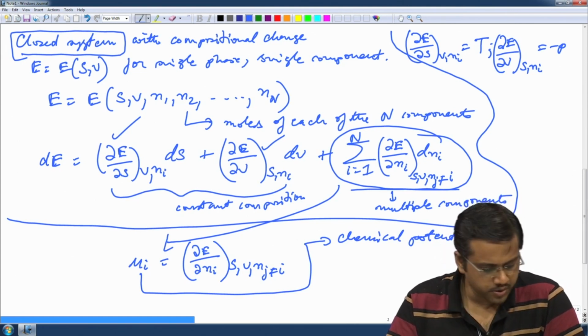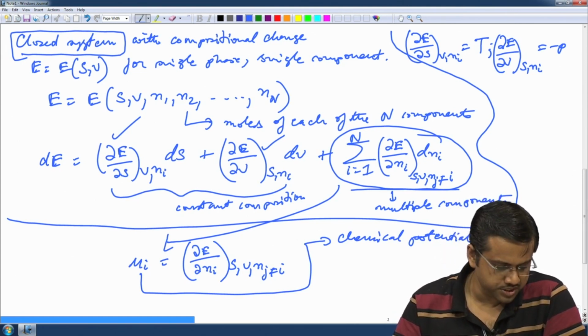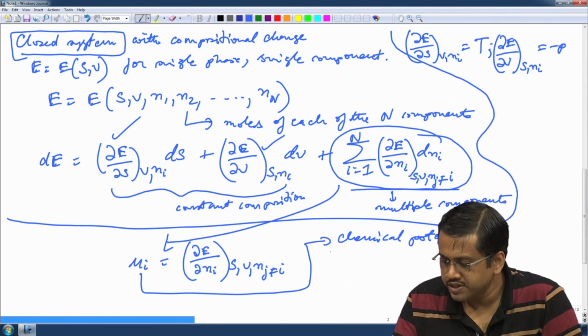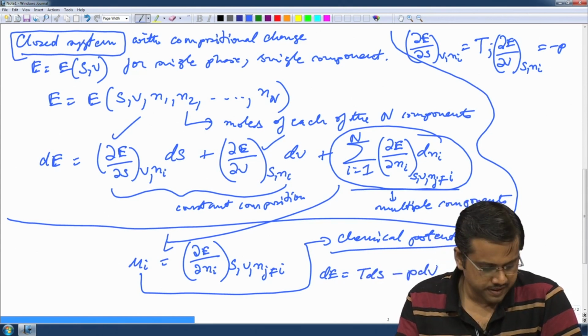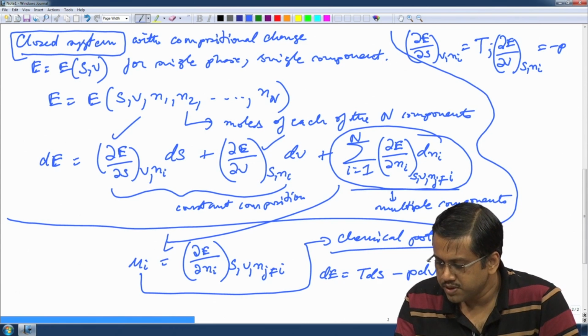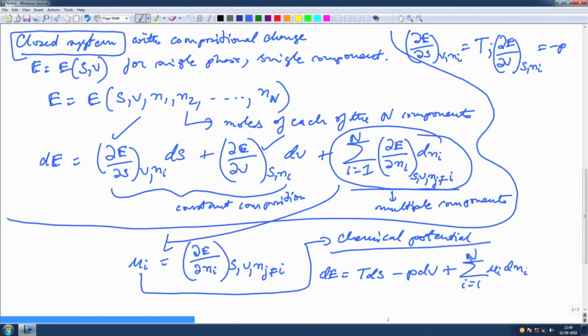So, for a multi-component system in general, your dE is written as T dS minus P dV plus the summation from i equal to 1 to n of mu i dNi, where mu i is called the chemical potential of the ith component.